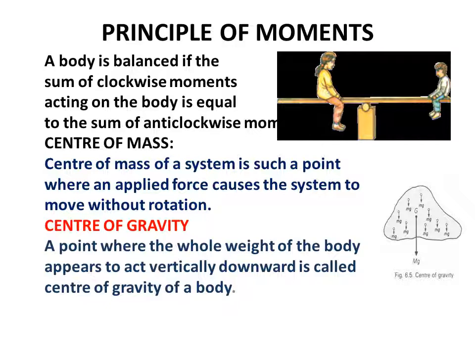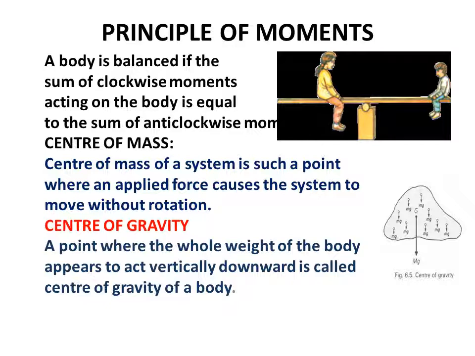The next, center of gravity. A body is made up of a large number of particles. Earth attracts each of these particles vertically downwards towards its center. The pull of the earth acting on a particle is equal to its weight. These forces acting on the particles of the body are almost parallel.